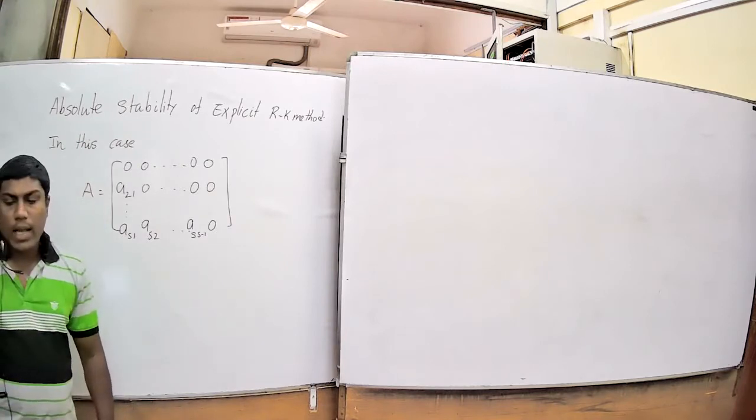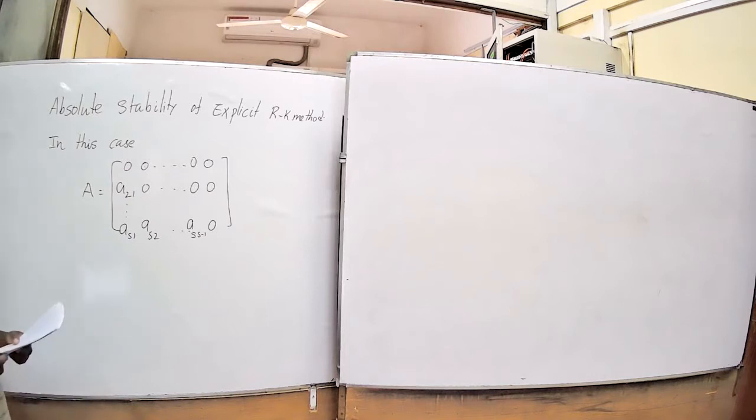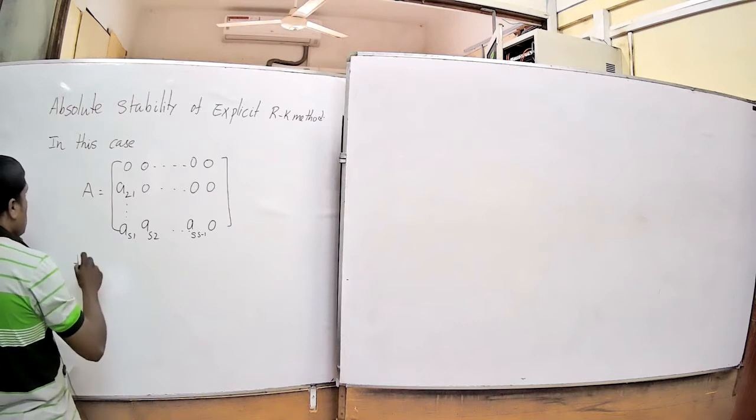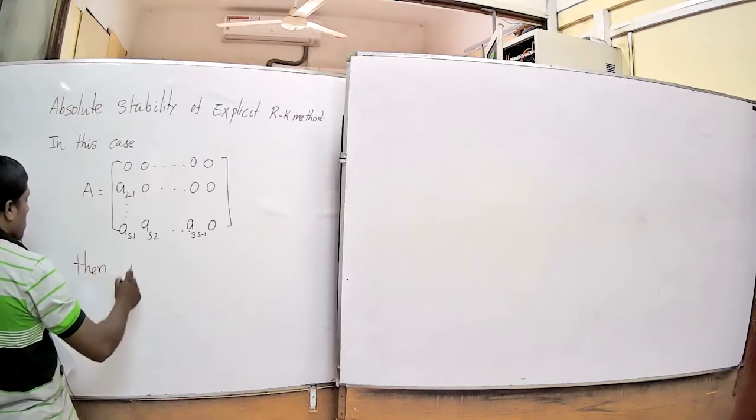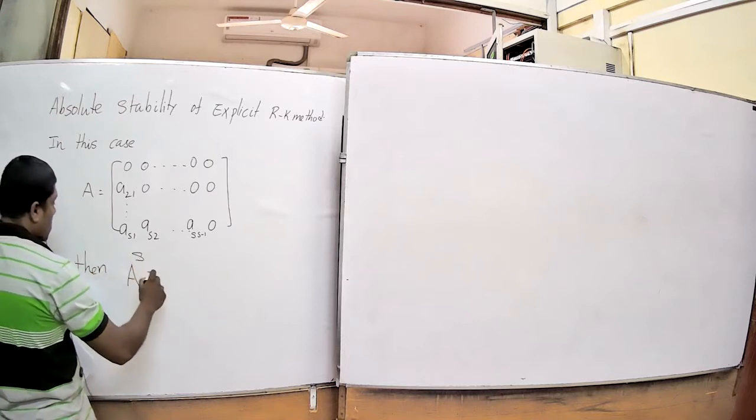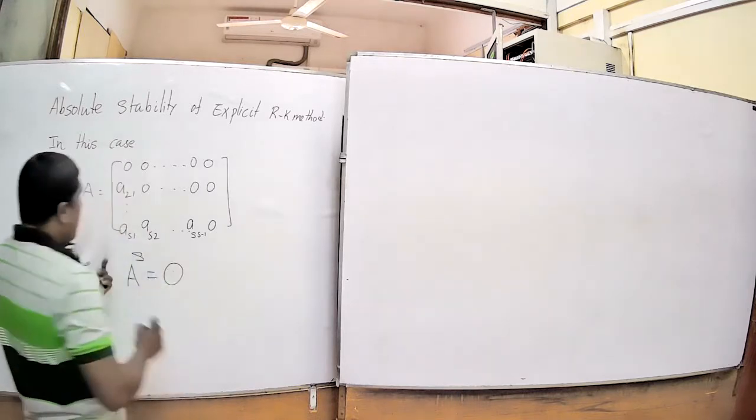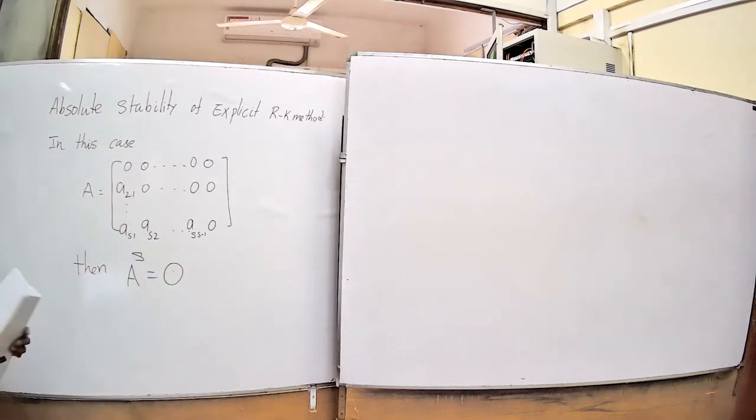So the diagonal and the upper triangular parts are 0, right? So then when you raise it to the power s, you get the matrix A^s is equal to 0, right?